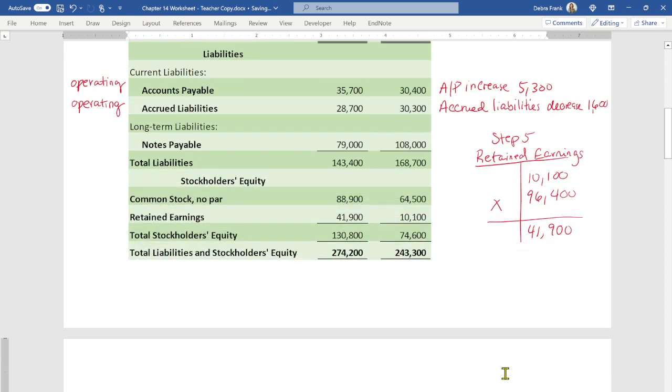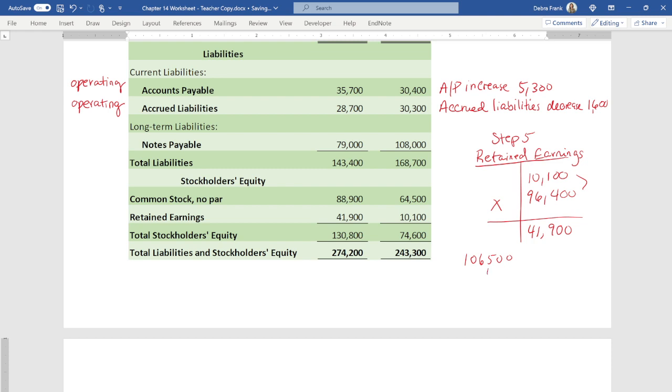So let's turn this into a little algebra problem. We can see 10,100 plus 96,400. That is 106,500. So these two added together is 106,500. Let me make sure you can see all that. Okay, perfect.